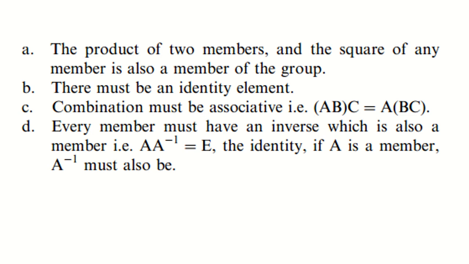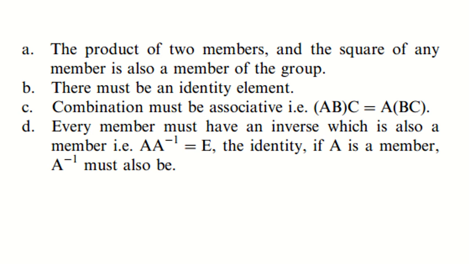C: the combination must be associative. It means that AB multiplied with C is equal to A with BC. It should be associative. And D: every member must have an inverse which is also a member, that is, A into A minus 1 should be equal to identity.